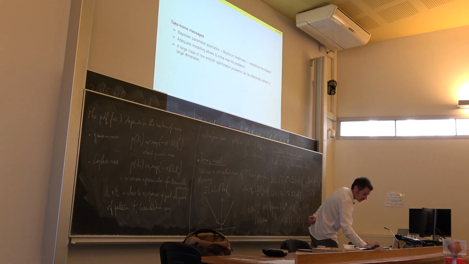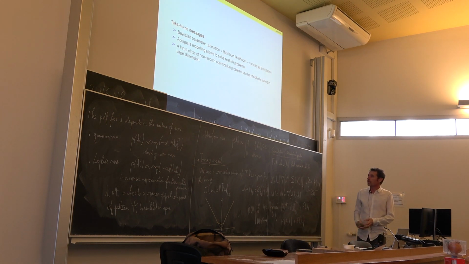So this is the end of my talk. It was not supposed to be a very specialized talk, but the main message is that if you have some Bayesian parameter estimation and you want the maximum likelihood estimator, then it gives you a variational formulation.